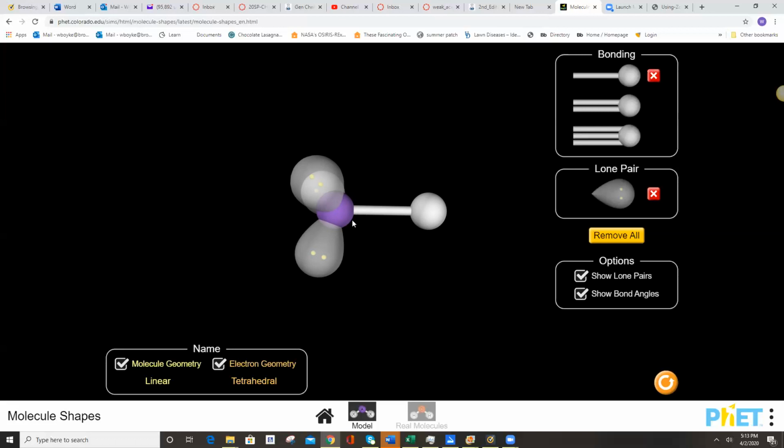What you'll notice is whenever you have no lone pairs on the central atom, your electron pair geometry is always going to match your molecular geometry. That's because with no lone pairs, every electron group is involved in a bond. So you're going to have matching between those if you don't have any lone pairs.